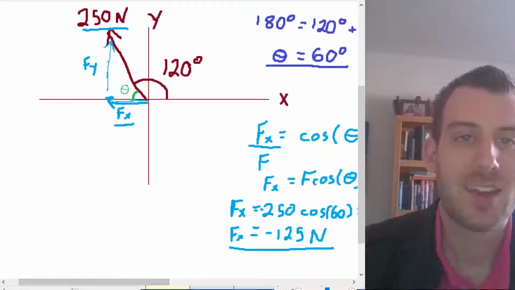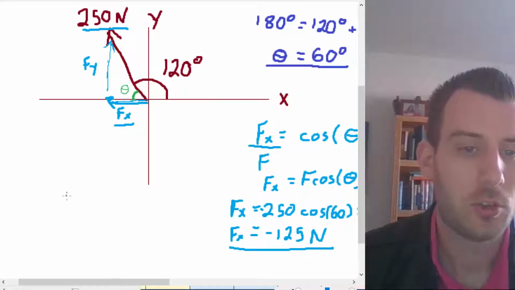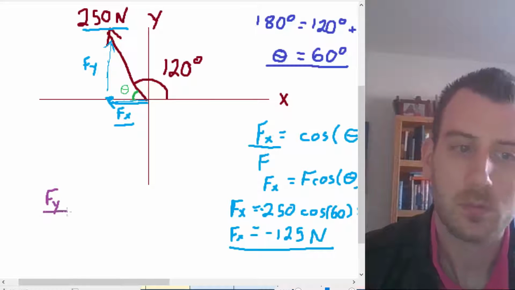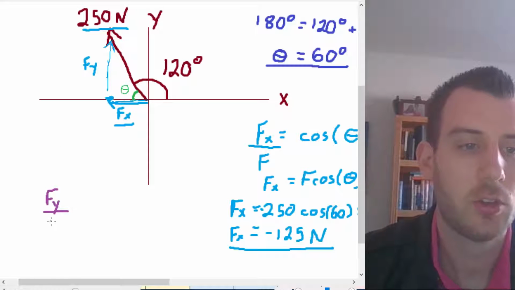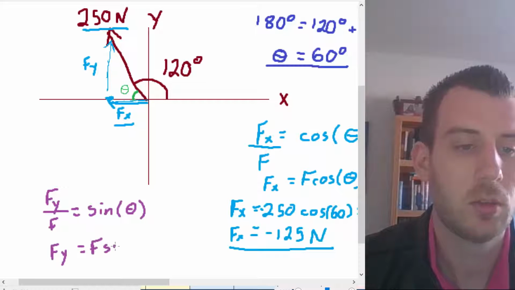Once we've already done it for the x, doing it with the y is no different and is just a little bit faster. So let's knock that out. The y direction, the force in the y, is our opposite side. So force in the y over the total force is equal to, this time, sine of the angle theta. So solving that out gets me F_y is equal to F sine theta.